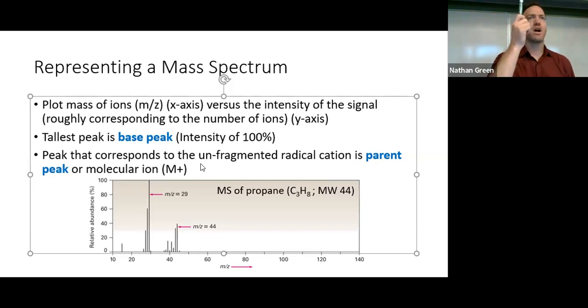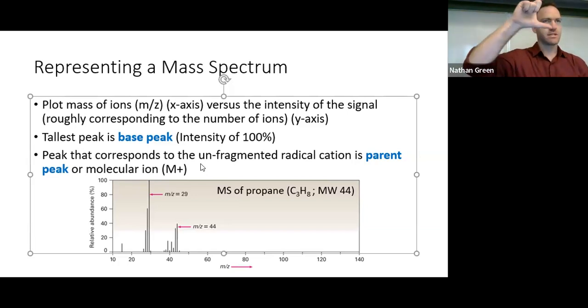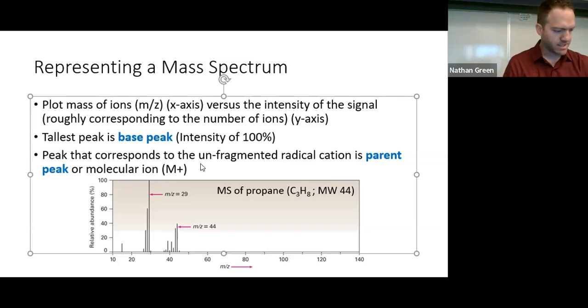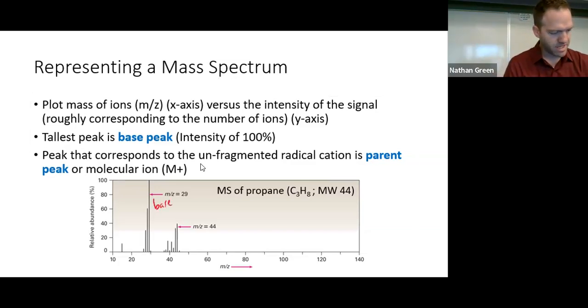The green pin is 100% my signal. So the red pin is 50% of what I saw of this. You're always going to have some base peak that is registered as 100%, and everything is going to be measured against that peak. You also will have, so this is the base peak.